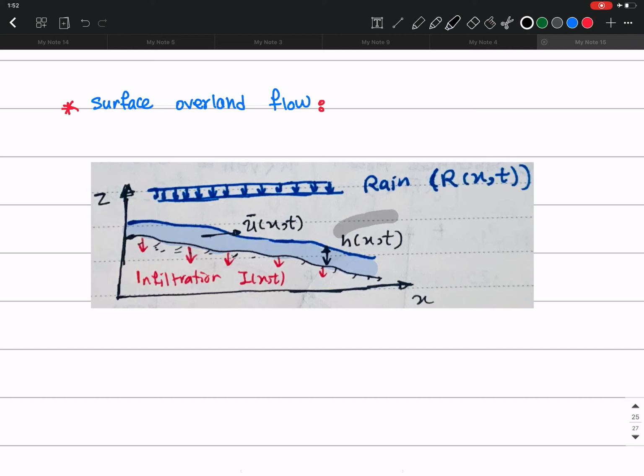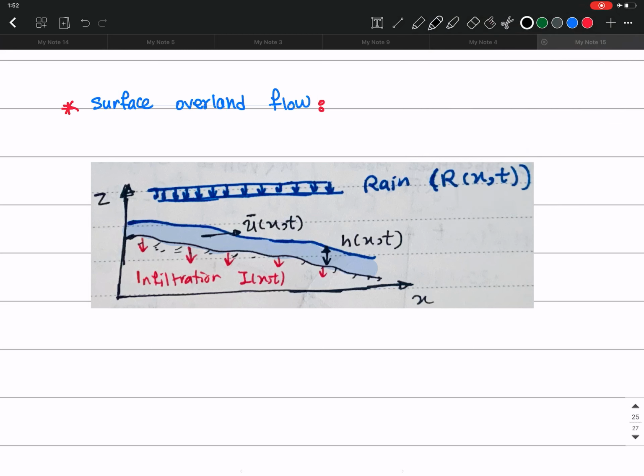We have also the depth, which is shown as h, which is a function of x and time. So this is just a one-dimensional flow. You can generalize it to two dimensions, so it can also have a width in the y direction. But here I'm just showing the simplest case for you.